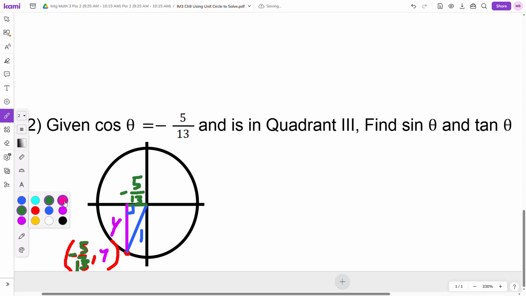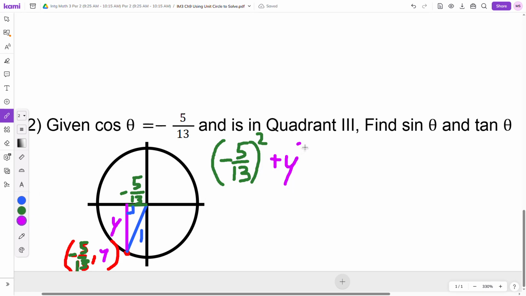Let's set up the Pythagorean theorem. The sides that are not the hypotenuse are called legs. So we'll take the first leg and square it, just like in the Pythagorean theorem, and add the other leg and square that. And this is going to equal the hypotenuse squared, which we know to be 1. So this is 1 squared.